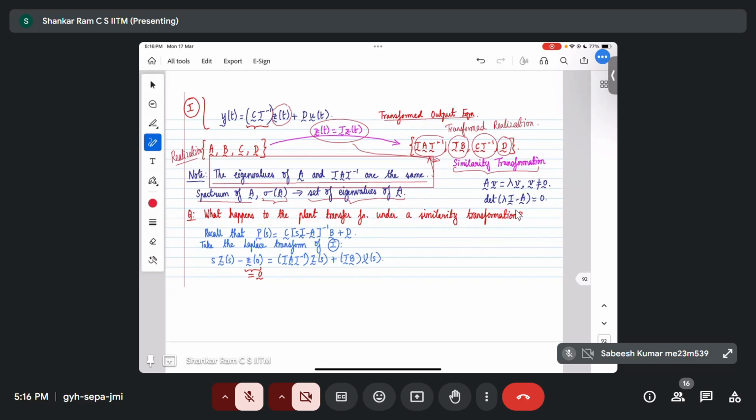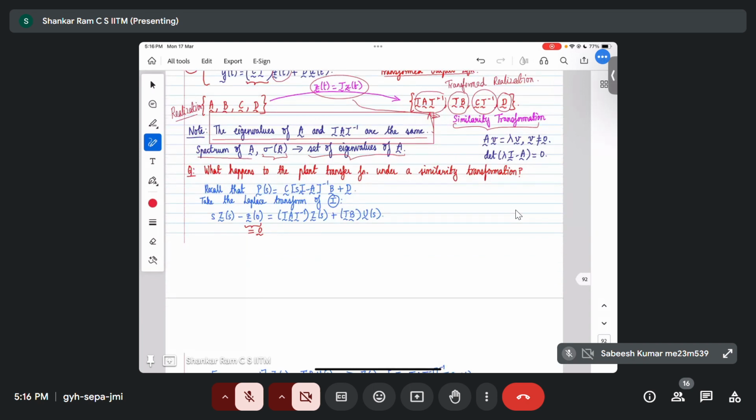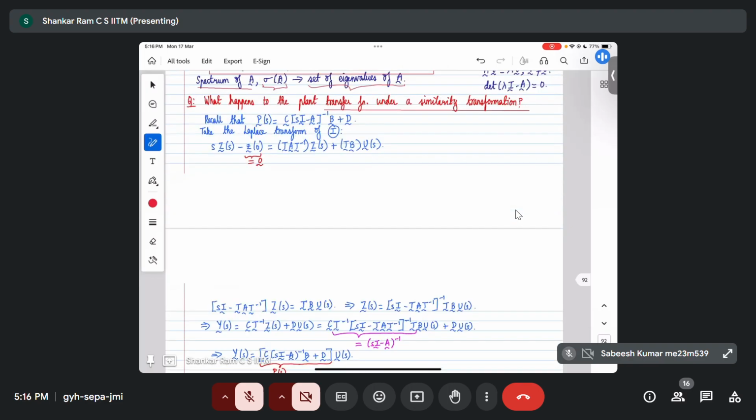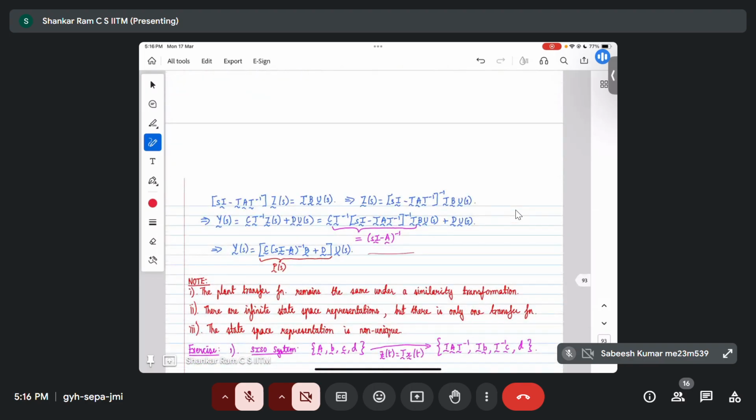One can once again show that the transfer function remains the same under the similarity transformation. This derivation just shows that the transfer function remains the same. So in summary, given a system and a model for that LTI system, the transfer function is unique, and all of us will get the same transfer function, whereas the state space representation is non-unique.